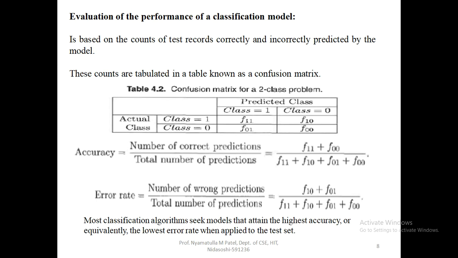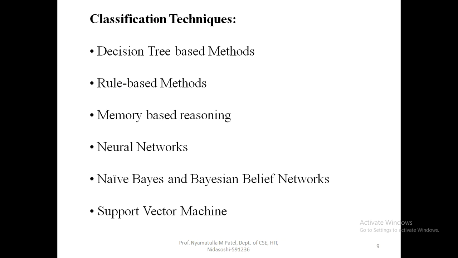Most classification algorithms seek models that attain the highest accuracy, or equivalently the lowest error rate, when applied to the test set. So we want minimum error and maximum accuracy. There are different types of classification techniques.